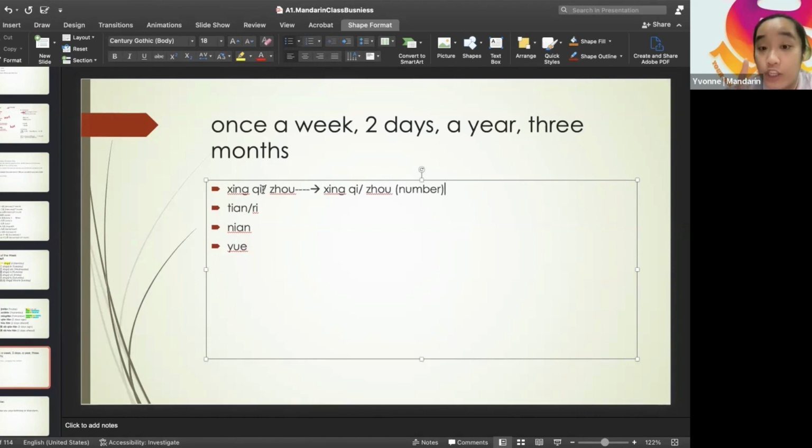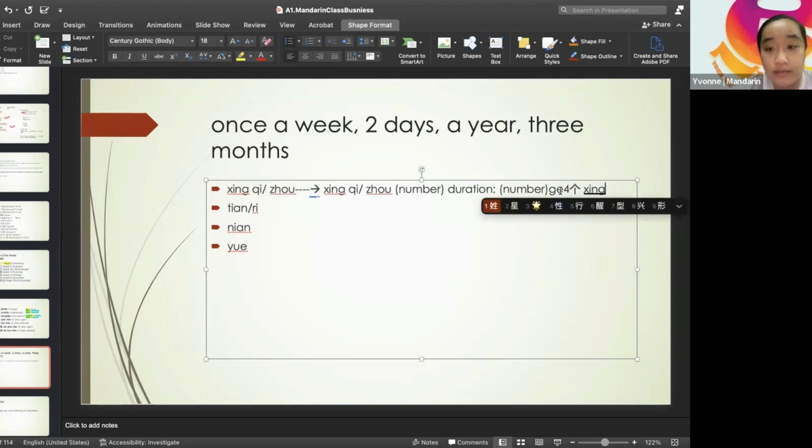So for duration, how is it done? For duration, we put the number first, then we use a classifier. The most common one that we always hear is 个. Then what is next? 星期.